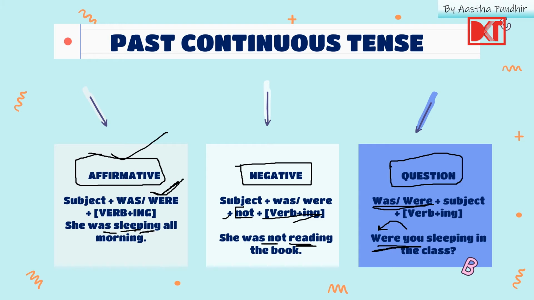Or were you sleeping in the class? And for the singular third person, we could say, was she sleeping in the class? Alright, so this is the formation. Was or were plus subject plus verb plus ing. This is the formation for the past continuous tense.